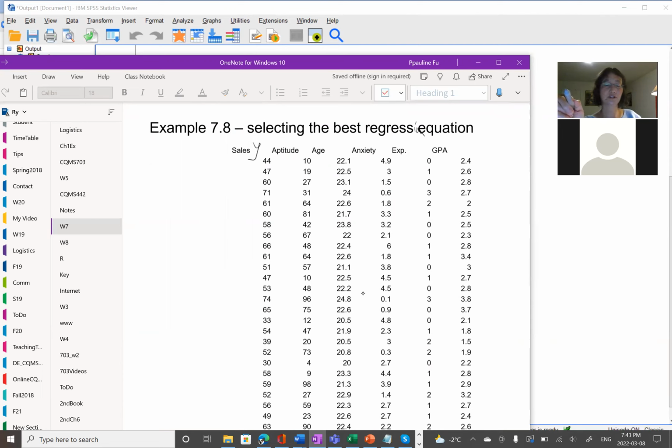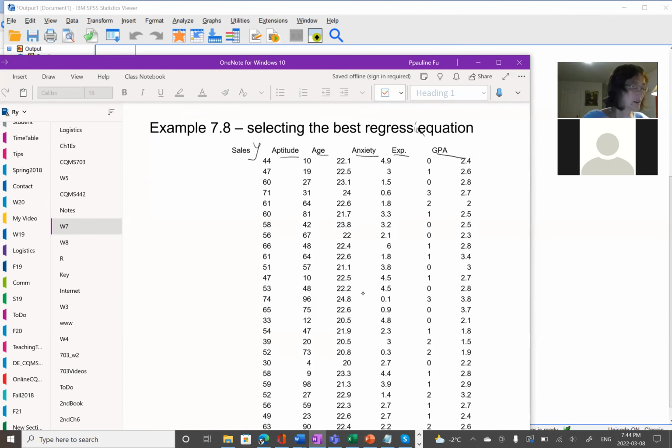And this is the age. Age that has decimal, it is strange, maybe 22.1 years old, maybe 22 years and about 1 month, okay? So you can interpret that. This is the anxiety, experience, GPA. Okay. The meaning of each variable.